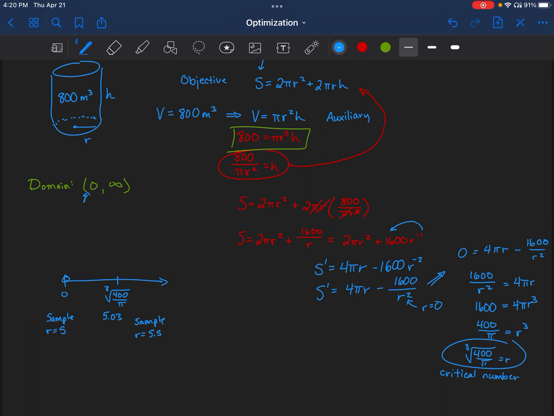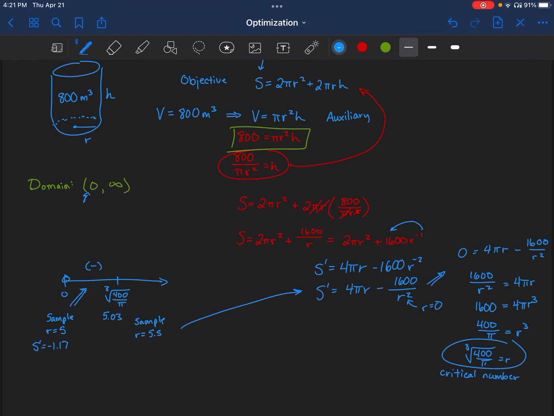We're going to plug this into our first derivative. 4 pi times 5 minus 1600 divided by 5 squared gives me a derivative value of negative 1.17 if I round. So I know that this section is negative.